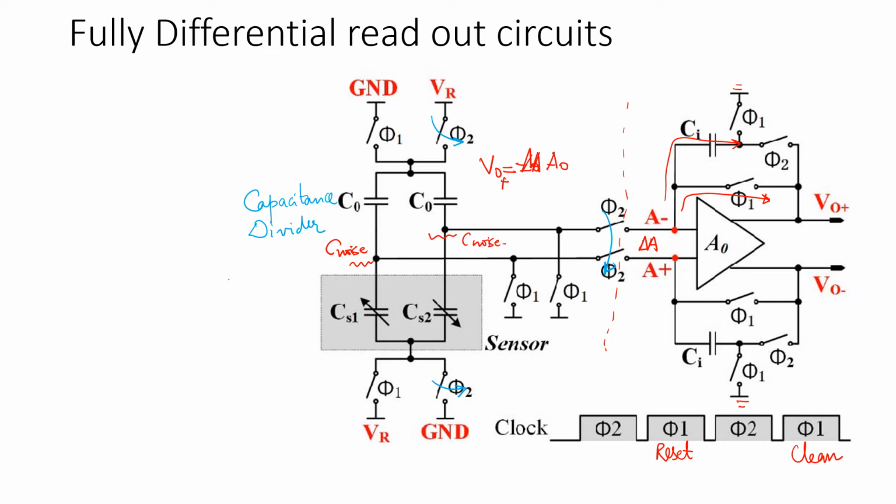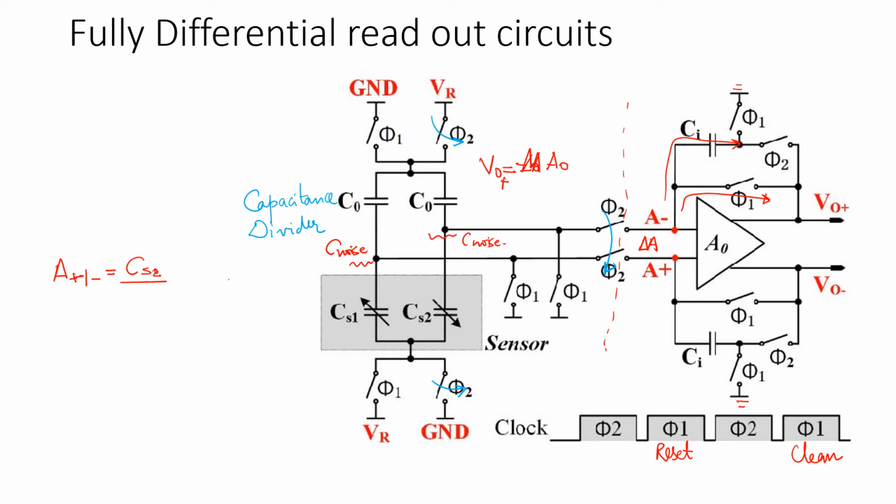So if your value at A plus or minus is given as the voltage seen across the capacitors CS2, it is effectively CS divided by C naught.